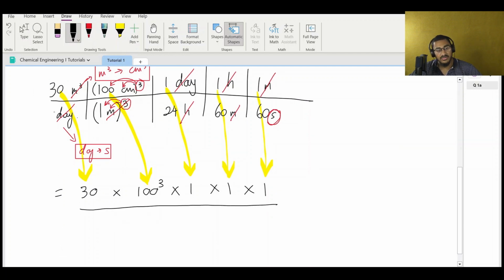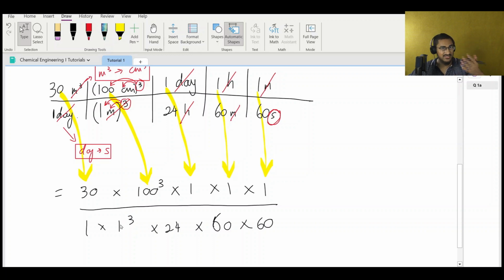And then at the bottom, this is actually 1 day, right? So if you say per day, it's per 1 day. Okay, so that's 1 multiplied by 1 cubed, multiplied by 24, multiplied by 60, multiplied by 60. Now you might be thinking, why would you write 1 cubed? That's the same as 1.